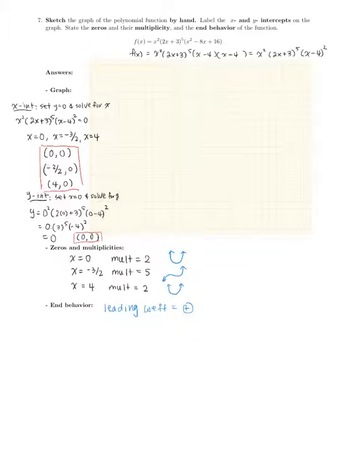So the graph will behave just like this. If it's negative, it's going to go the other way around. All right, but in any case, you can conclude the end behavior when you're done graphing it out. So I'll just wait till we sketch this out a little bit.